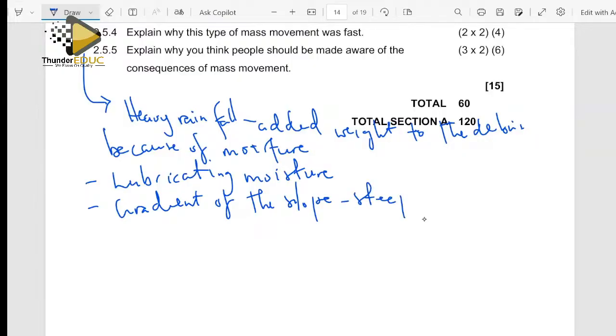Where it's steep sloping, it facilitates faster movement. So basically, why the speed of the movement was faster is because of some of those reasons. The nature of the gradient, the steep sloping landscape, it moves faster because of the nature of the steepness. And also, presence of lubricating moisture will facilitate the movement of the material.